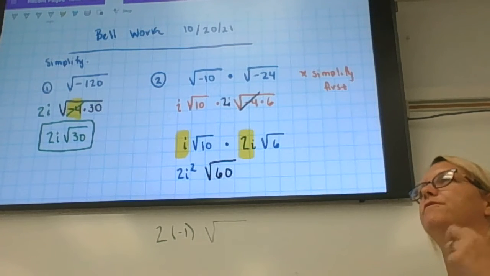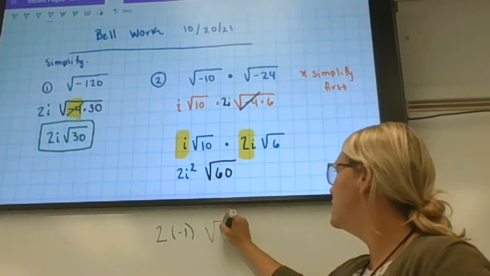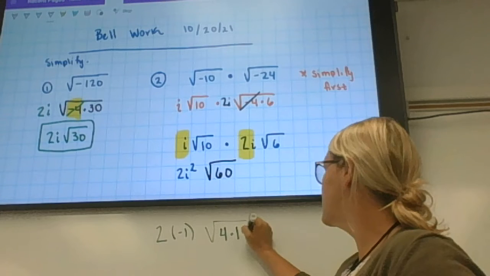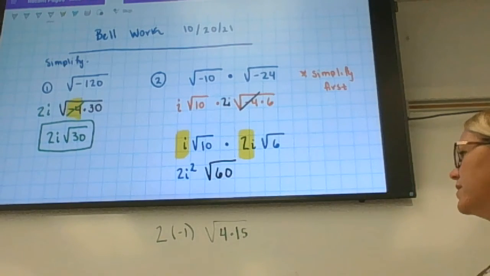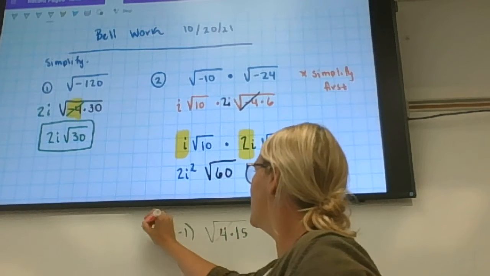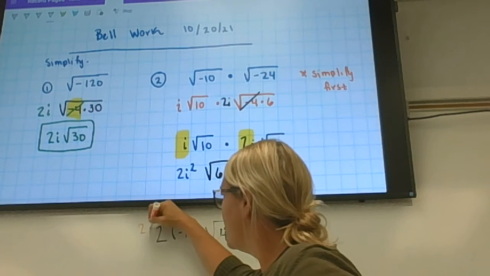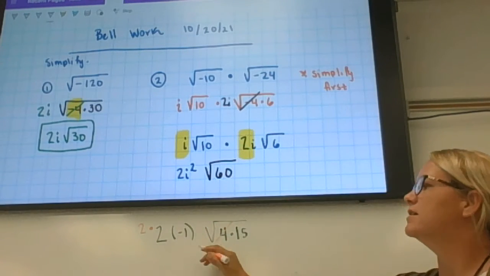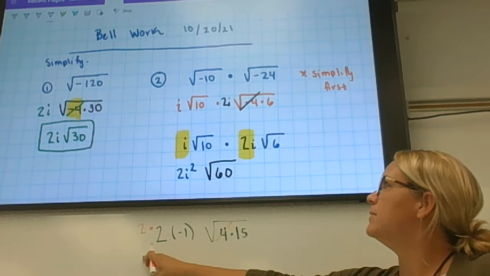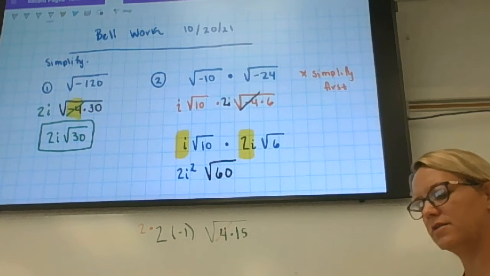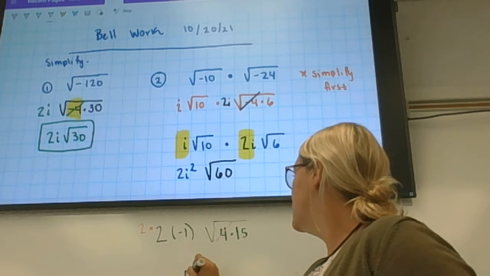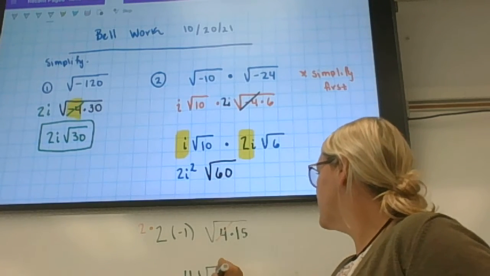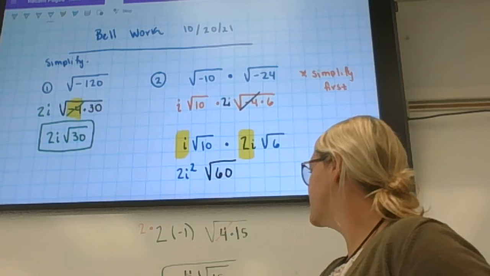It must be 4 and 15. So again, we'll square root 4. And when there's already a number in front, and you square root, you're going to multiply out there. So what we have here is 2 times -1. So our product will be -4 square root 15.